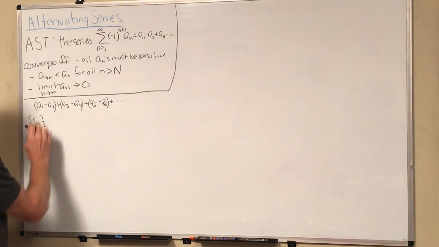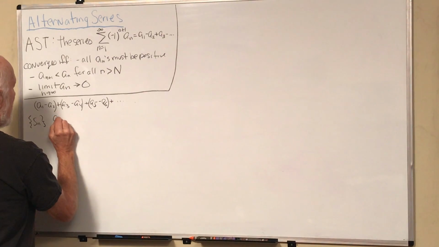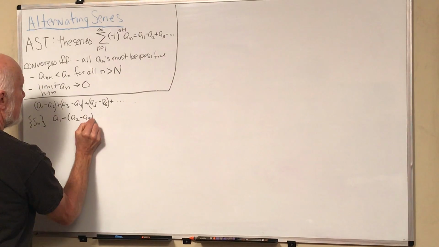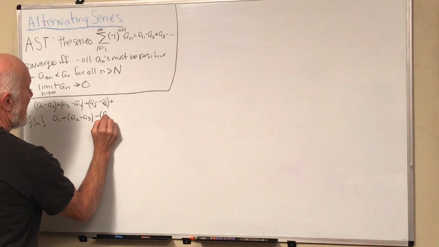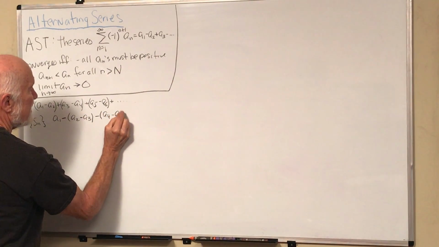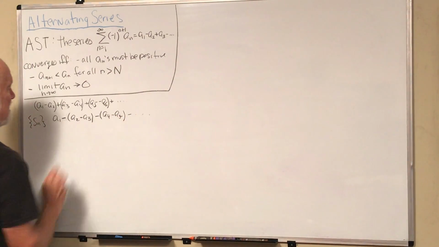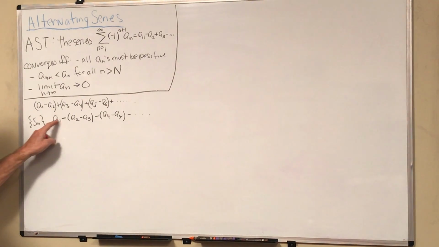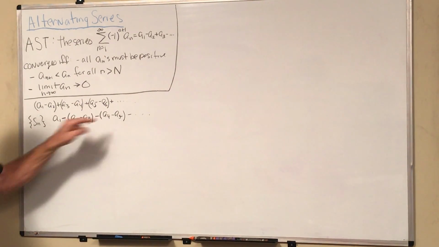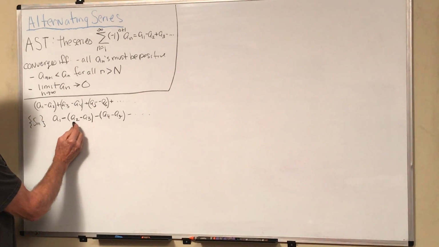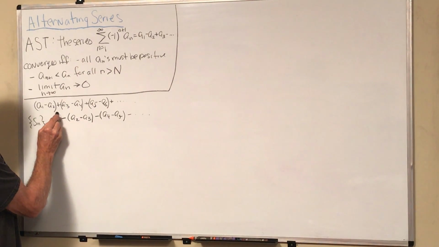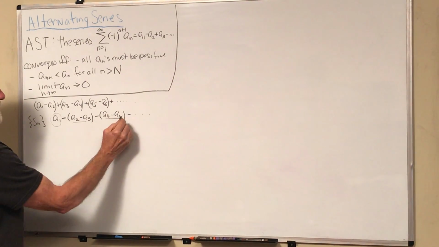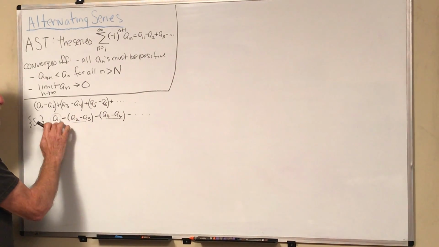And if you pair this differently, if you go a1 minus (a2 minus a3) minus (a4 minus a5), that's still going to give you the same thing you have right here, a1 minus a2 plus a3 minus a4. Now we see that whatever we start with, we're subtracting more and more positive things away from that.